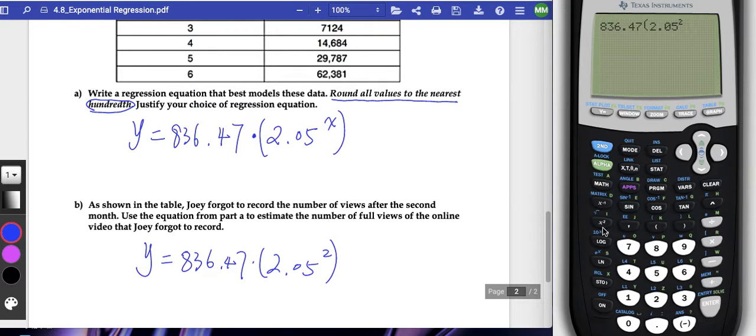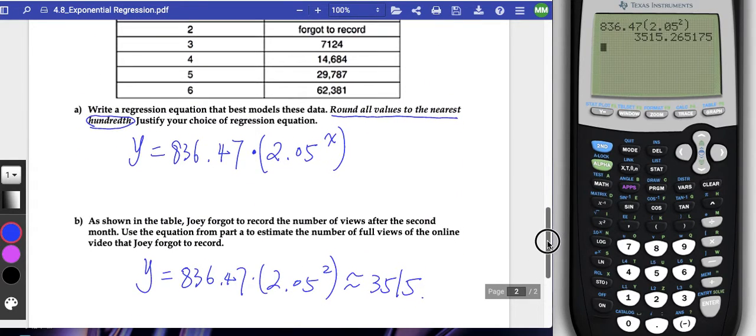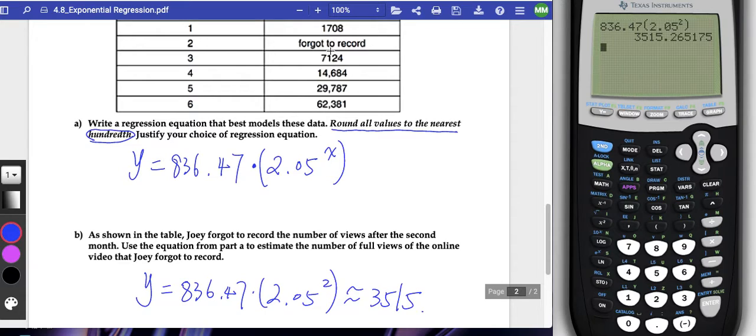This one is called x squared here, you can just easily type this, or you use the little arrow too, it's the same thing. And this is 3,005. Everything is a whole number here, so I can just keep that as a whole number. So the second month is around 3,000, and the third month is 7,000.